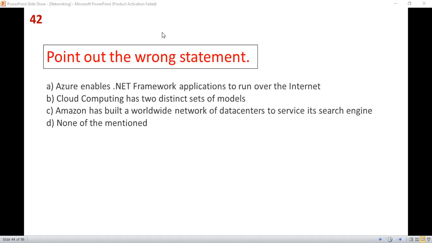Okay, this is not a wrong statement. We have a distinct set of models, which is service and platform.